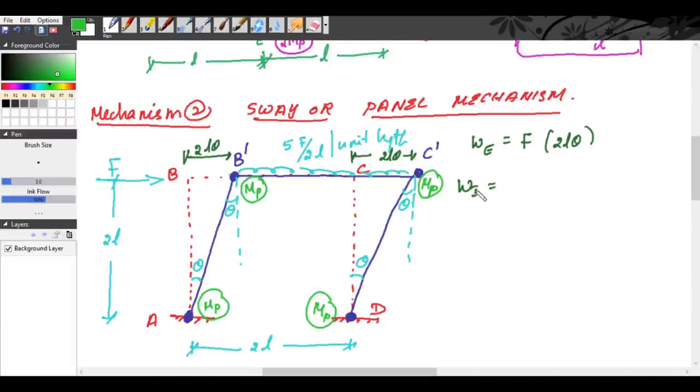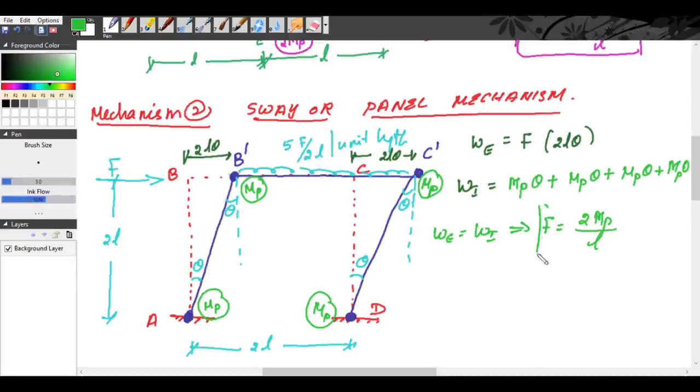So, internal work done is equal to, at A, MP into theta, at B, MP into theta, at C, MP into theta, at D, MP into theta. Now, external work done is equal to internal work done, and we get the collapse load F equal to 2 MP by L. This is our collapse load as per our second mechanism.